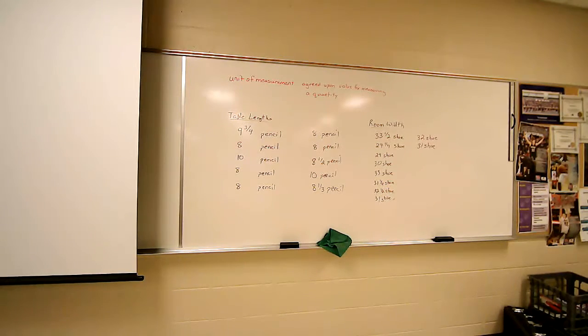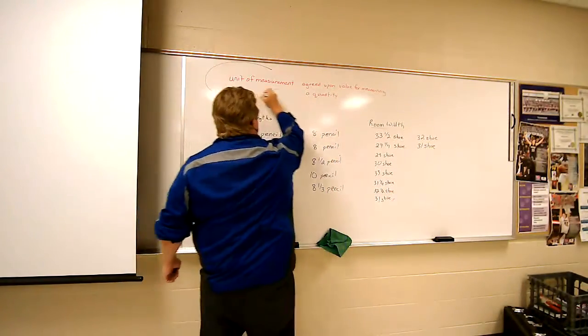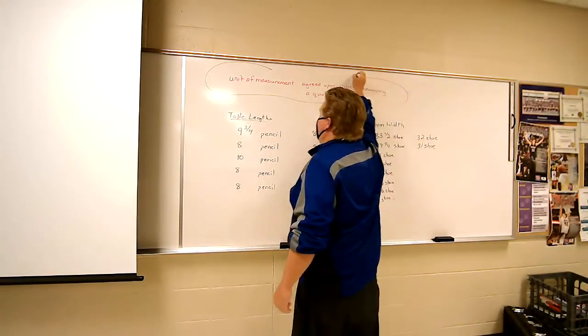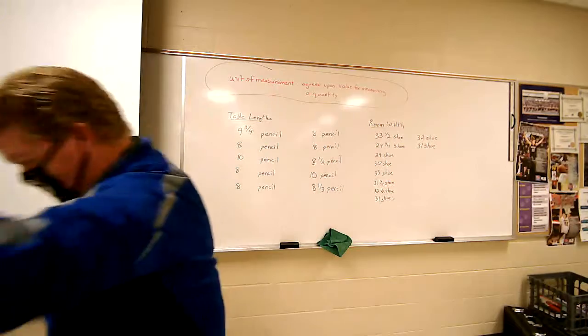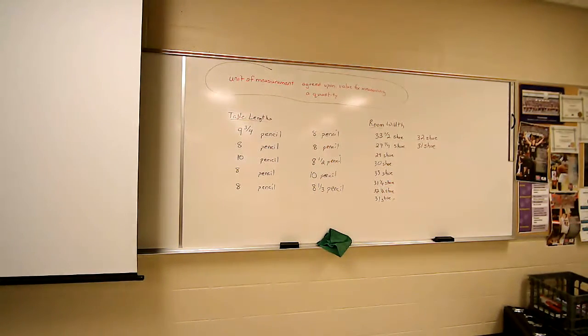Which leads us to a definition for a unit of measurement. It is actually already written up here. I will circle it so you all can pay attention to it. And because I have written it down on the board, what should you do? You all should write it down too. Please write it down, yes.